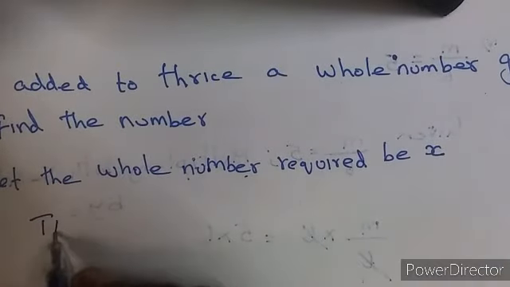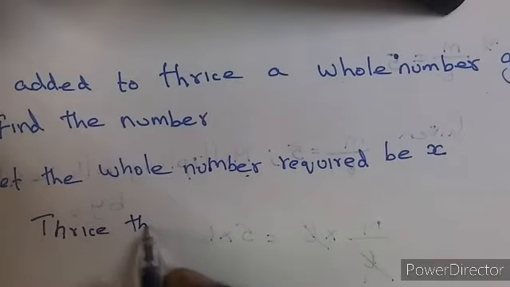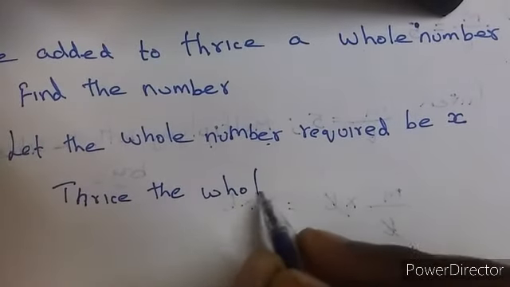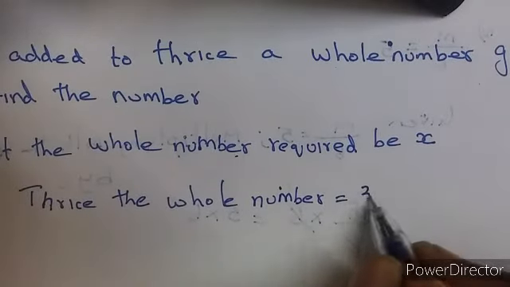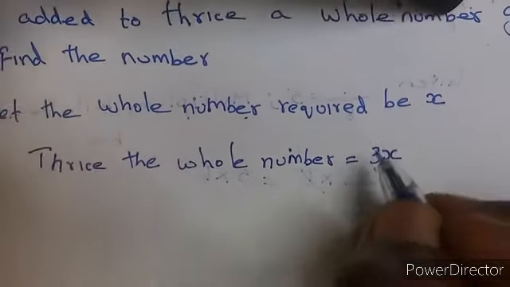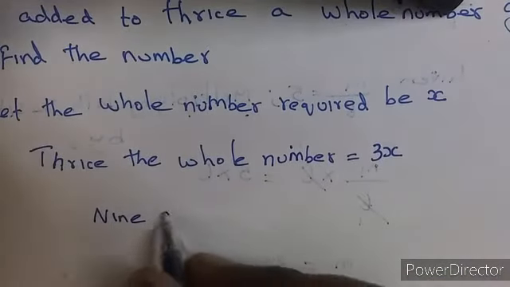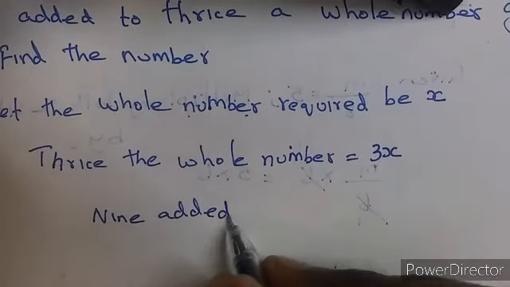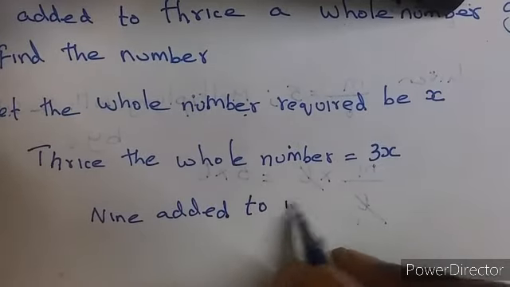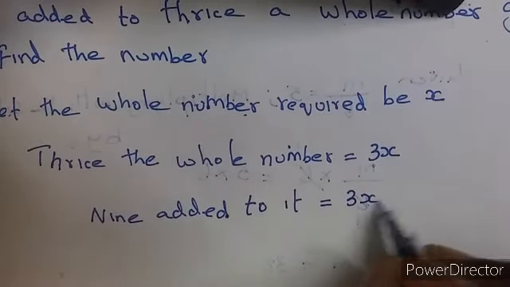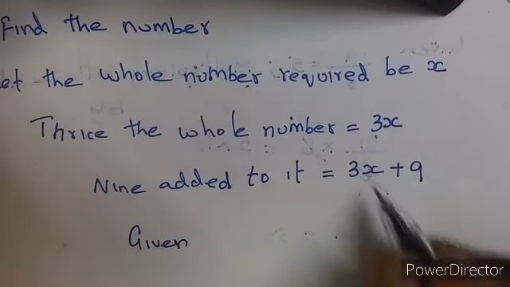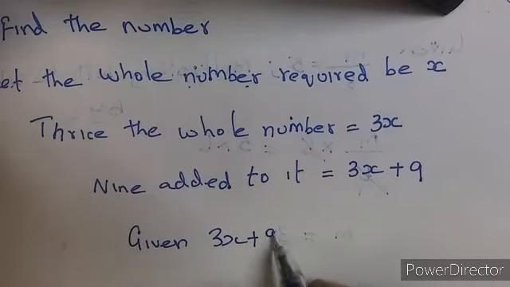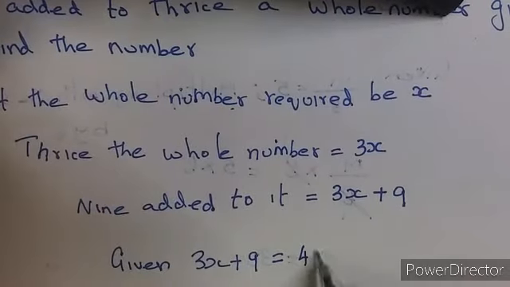Now twice the whole number, so it equals 2 into x, 2x. Next step, 9 added to it. So 2x plus 9. Now the given expression 2x plus 9 gives you 45 in the question.